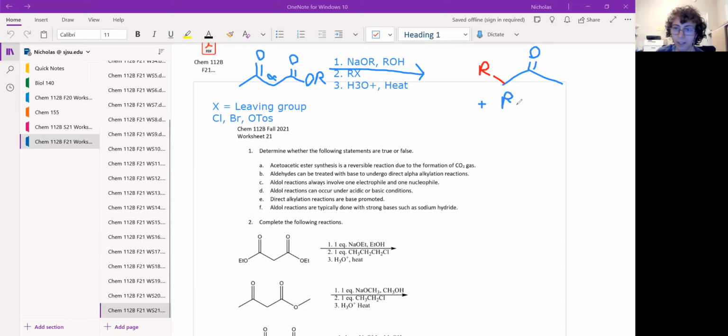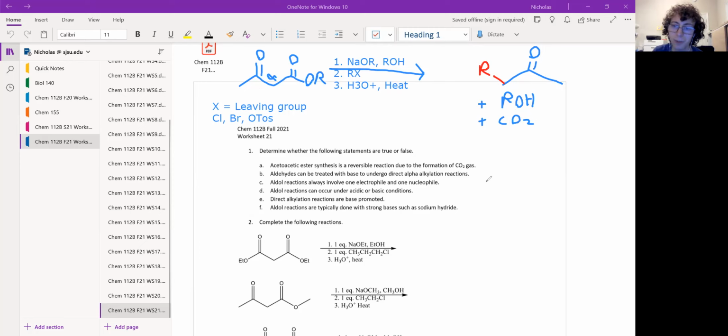And then you get an alcohol, and that comes from the ester. Again, you can refer to the last worksheet for exactly where that comes from, how it forms, but it's from the ester. And you form carbon dioxide.